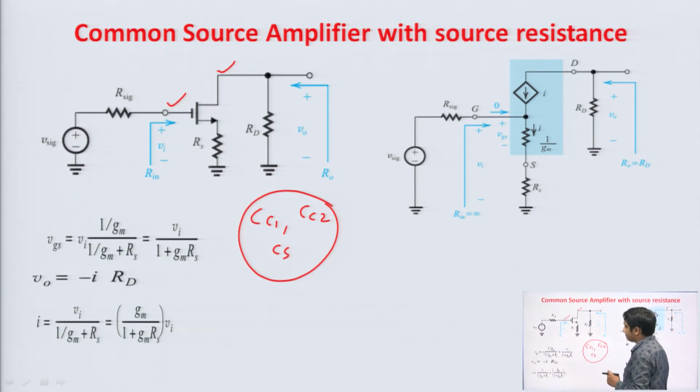And of course, to derive the equation for voltage gain, output resistance, we have to draw the small signal model, that I have already covered.